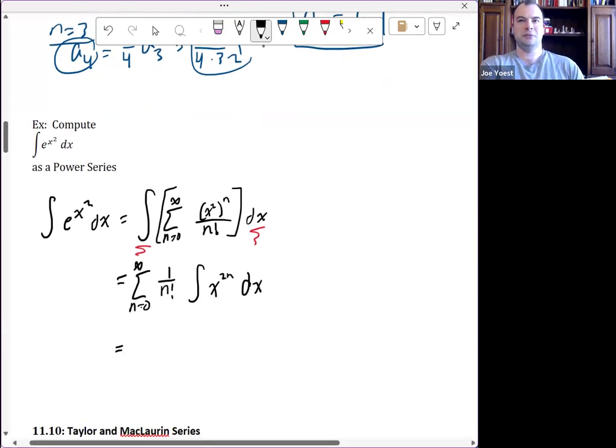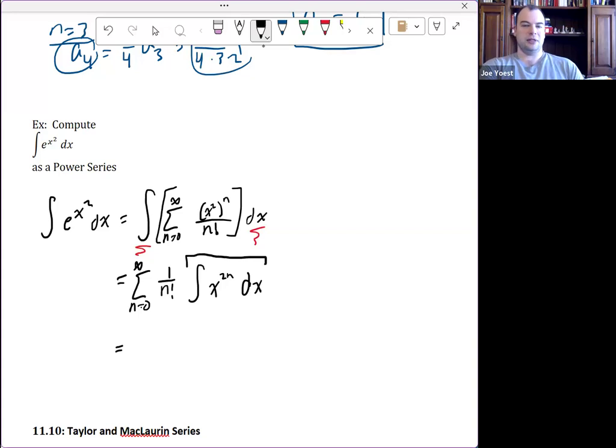Really easy to get confused with which one is being treated as the variable versus the constant in which of the cases. Right now, our focus is on the integral on the inside, so we're thinking of x as the variable, n is a constant. So this is just like x to the 4th or x to the 10th or something like that inside the integral.